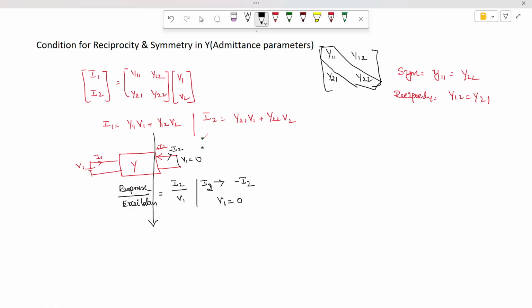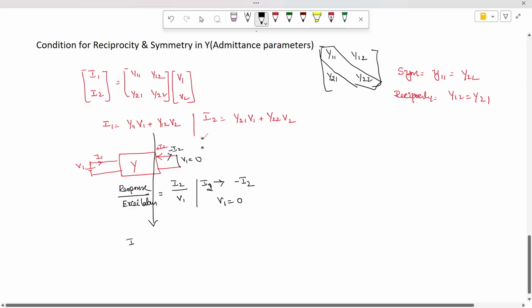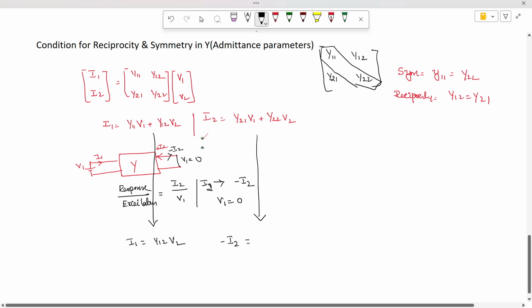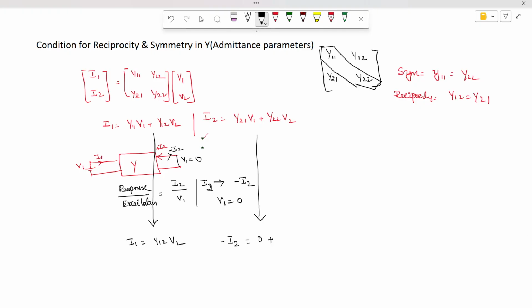So here, I1 is equal to y11 v1, where v1 is 0, automatically 0. So this is y12 v2. And when you see this equation, the current is minus I2, that is equal to v1 is 0 plus y22 v2.